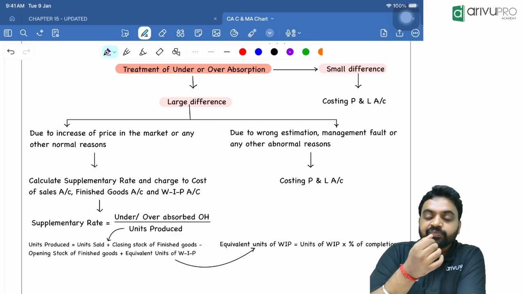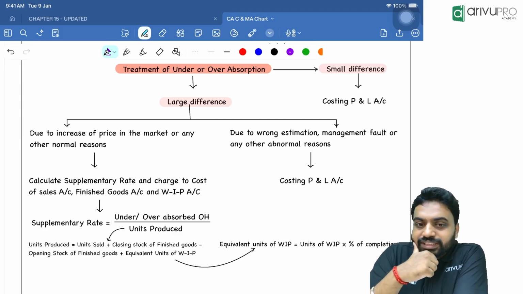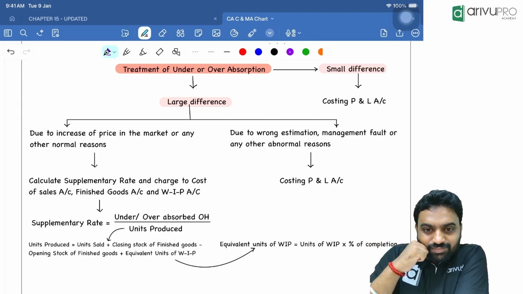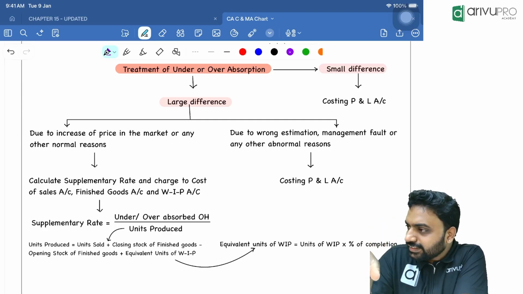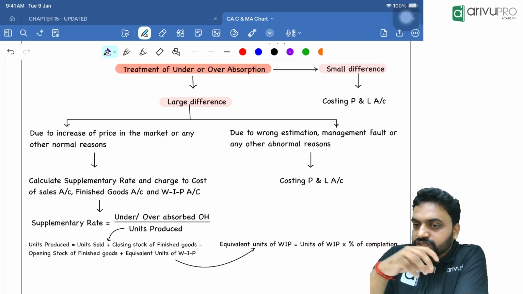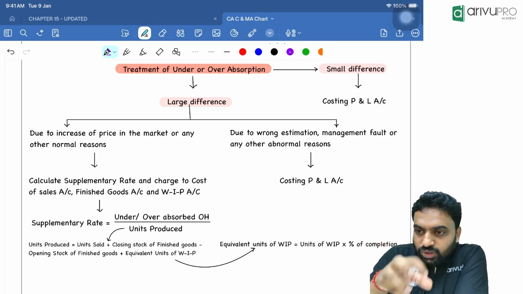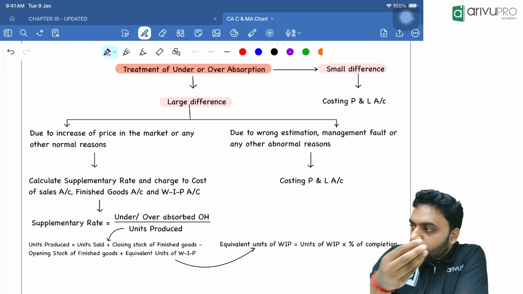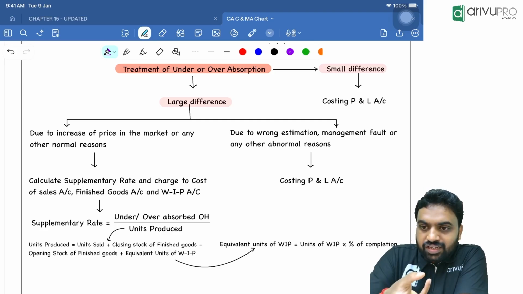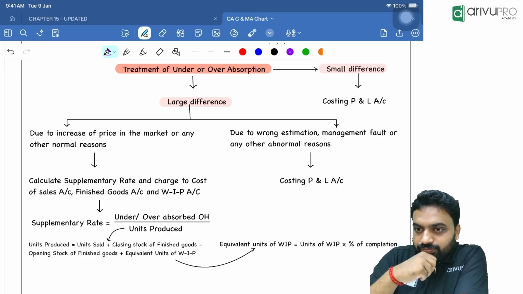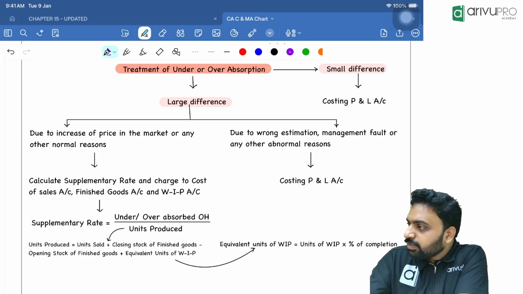Guys, sold units will be there, no? The cost of sold units will be there in the cost of sales. Closing stock will be there, no? Cost of closing stock will be there in the finished stock account. Cost of closing WIP will be there in the WIP account.